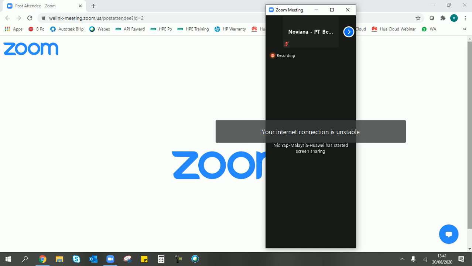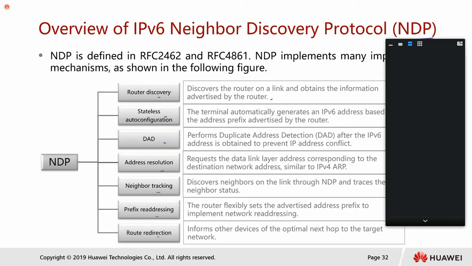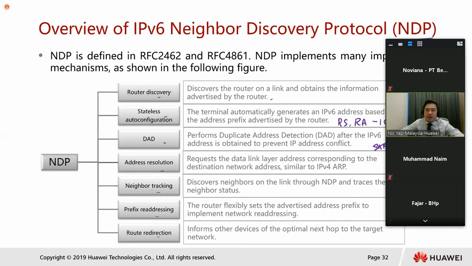Duplicate address detection happens after the IPv6 address is obtained, to prevent IP address conflict. It is similar to our GARP, gratuitous ARP, to make sure that there is no conflict of addresses among our link. So it's similar to IPv4, where we call it gratuitous ARP.